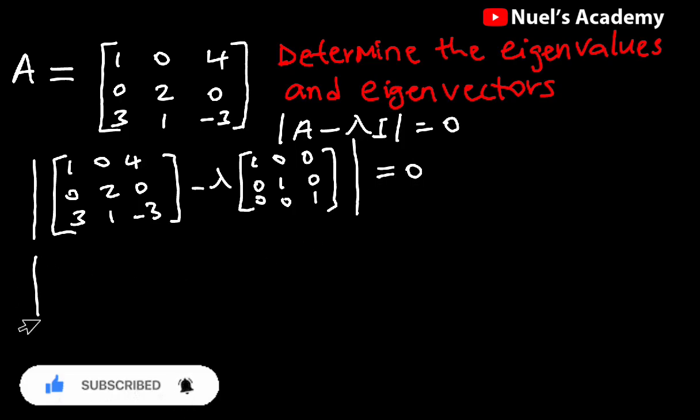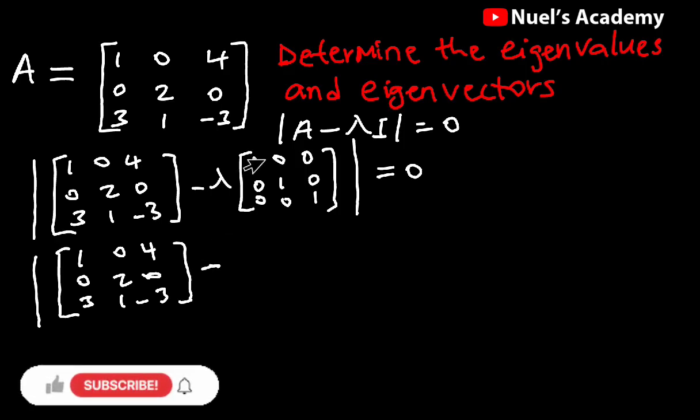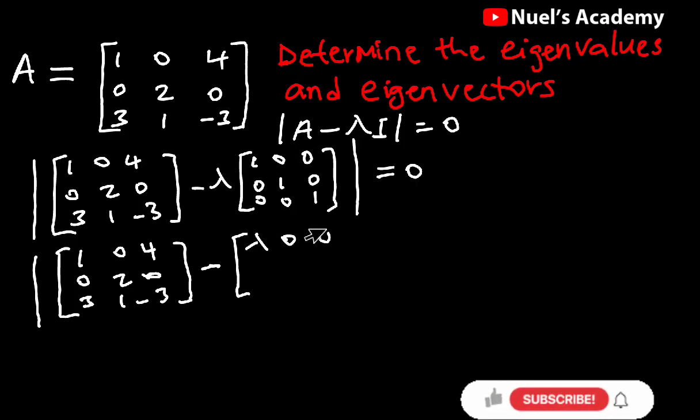Now we're going to have 1, 0, 4, 0, 2, 0, 3, 1, negative 3, minus lambda times 1 is lambda, lambda times 0 is 0, lambda times this 0 is 0, lambda times 0 is 0, lambda times 1 is lambda, lambda times 0 is 0. Then this one will be 0, 0, and then lambda times 1 is lambda.